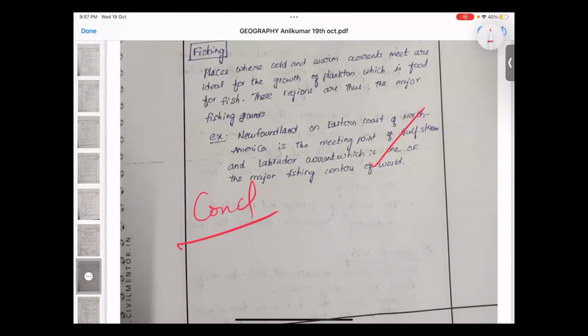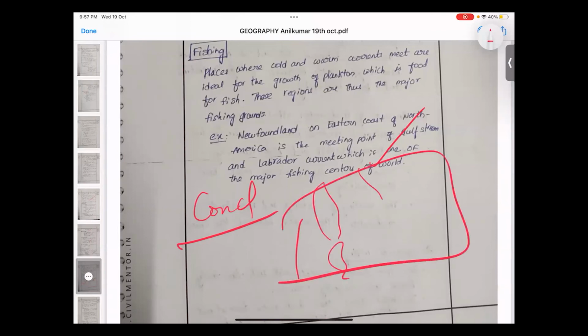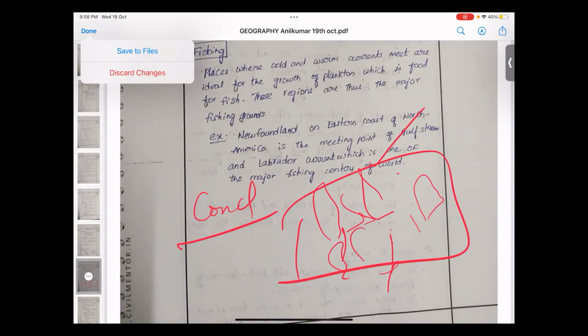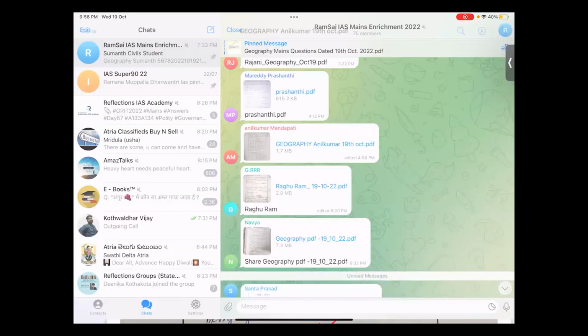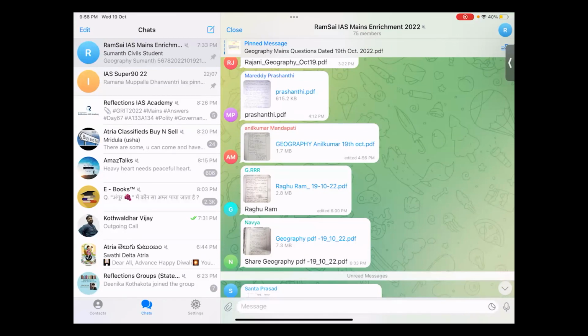And then if possible, draw a diagram of North America, South America, the Atlantic Ocean, or if you remember, Indian parts; draw the Gulf Stream, Labrador Current and all. It will look much more attractive. See, how do you want to set your answer apart from others? Not necessarily what I'm saying you have to implement. You can do your own innovation also, which is always welcome. Clear?